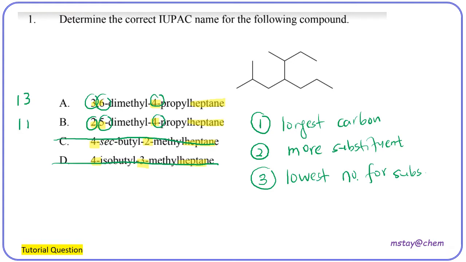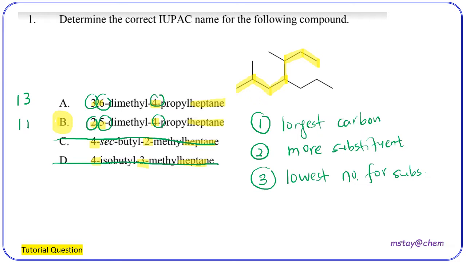Now we can check whether the structure can have the name of option B. 7 carbons in the longest carbon chain: 1, 2, 3, 4, 5, 6, 7. So this is the longest carbon chain.